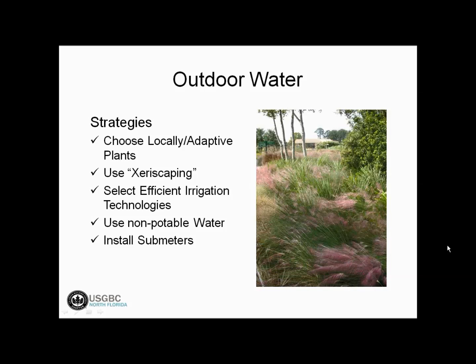So then there's outdoor water. There's the water we use for irrigation. And I've always questioned why we water plants outside. They're outside. Why do we not just install plants that would normally grow here and let the free water that falls from the sky keep the plants alive?